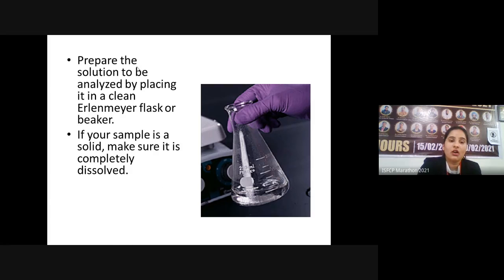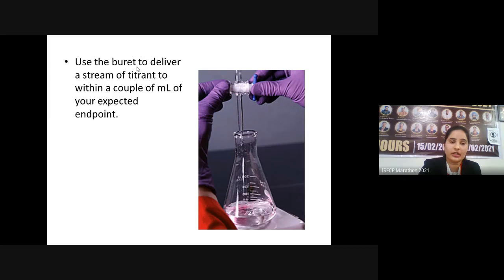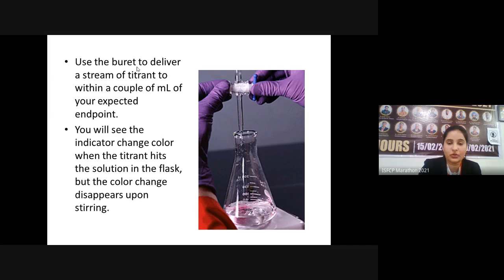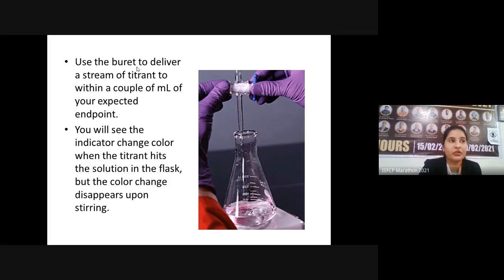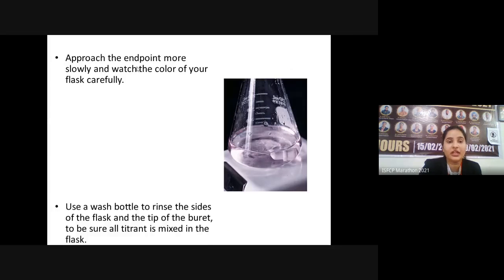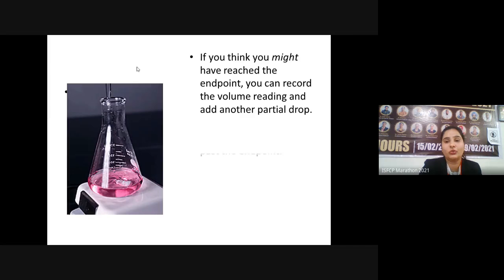On the addition of standard solution from the burette, after some point the endpoint will be observed, and we should be clear about what the endpoint really looks like. For example, the color of phenolphthalein at the endpoint is faint pink. If the color goes to dark pink, it means that we have gone beyond the endpoint and we need to repeat the titration again.